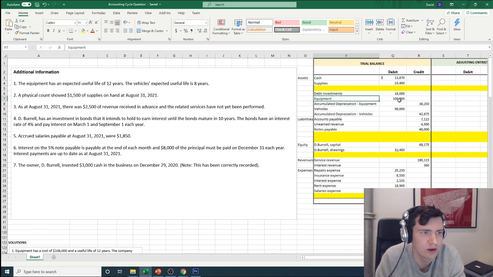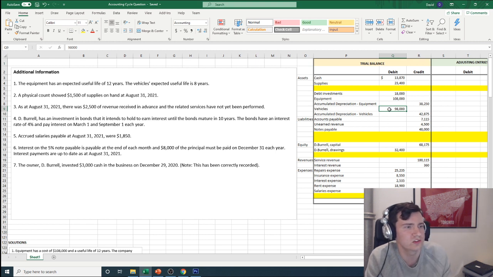So the equipment has a balance of $108,000, vehicles have a balance of $98,000. We're going to take both of those amounts and divide them by their respective useful lives. For instance, equipment has a useful life of 12 years.